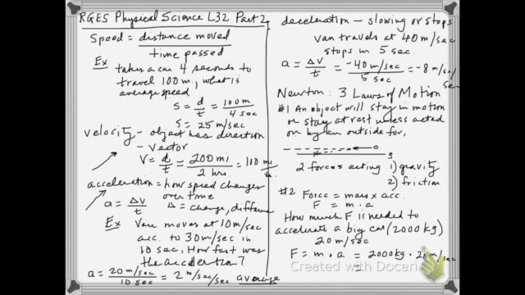Okay, so I'm going to get 2,000 times 20. That's going to be 80,000. I'm sorry, did I say 80? Wow, that's wrong. Let me do that again. Come on, Mr. K. 40,000. There you go. 40,000.